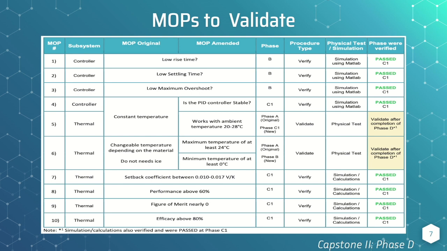The last of the subsystem that works with the thermal subsystem will be the constant temperature. The idea is that if the controller is stable, and that was established in C1, verified also with MATLAB, and passed in that same phase, it works with the thermal subsystem on the constant temperature and how it works with the ambient temperature, the outside temperature, between 20 to 28 Celsius degrees.